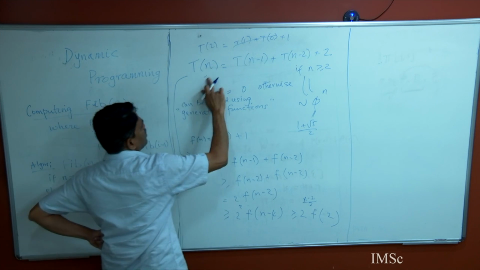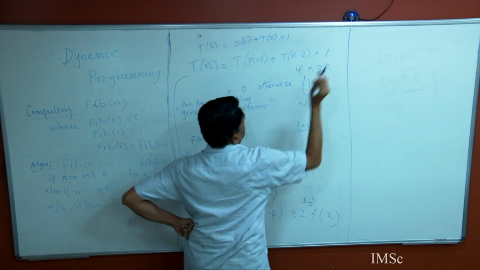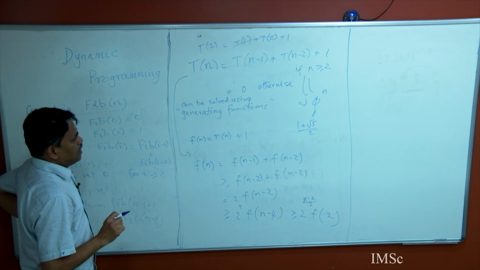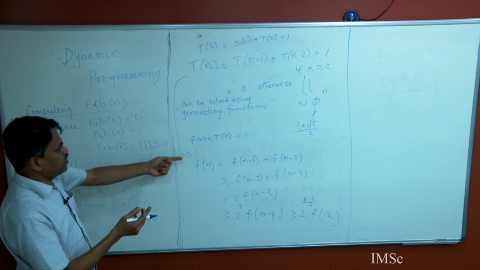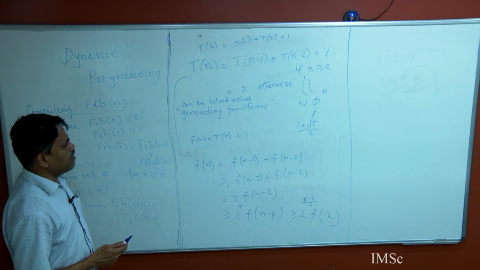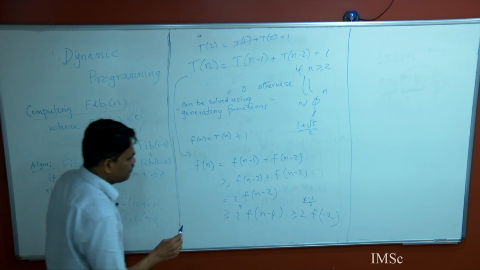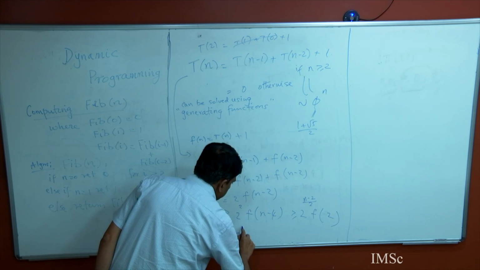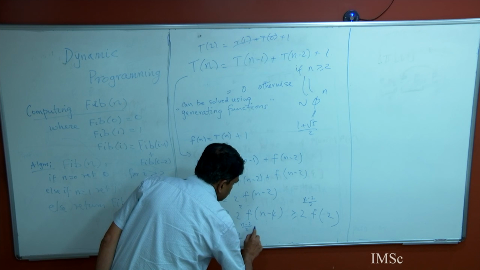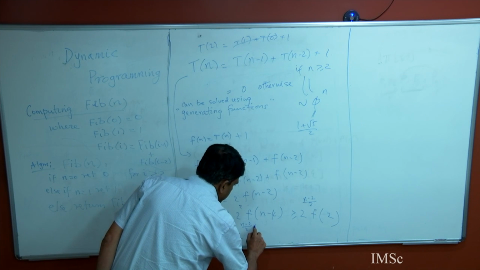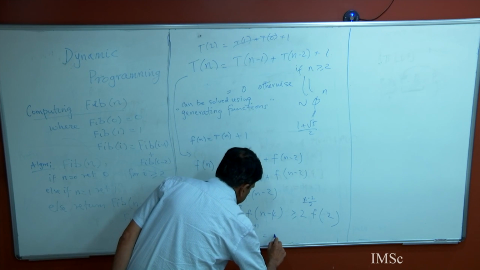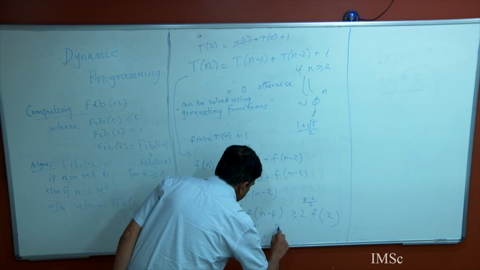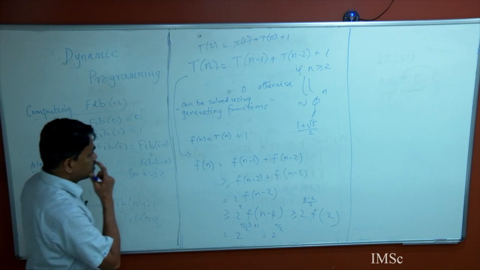Okay, let's not confuse this. t n only has a plus 1. So f should have a plus 1, so f of 2 is 2. So this would be 2 power n minus 2 by 2 into 2, so that's a plus 1. So this would be 2 power n by 2. Okay, so it is okay, right?